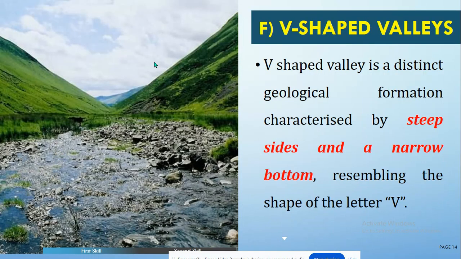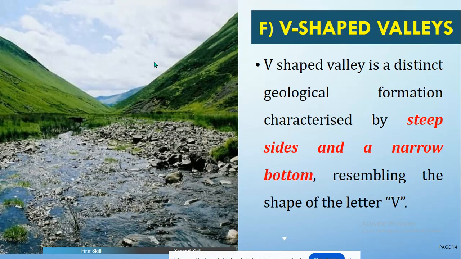Now, those were the features or landforms formed by a river on its upper course, especially due to river erosion. We saw that river erosion is done in two ways: lateral erosion and vertical erosion.